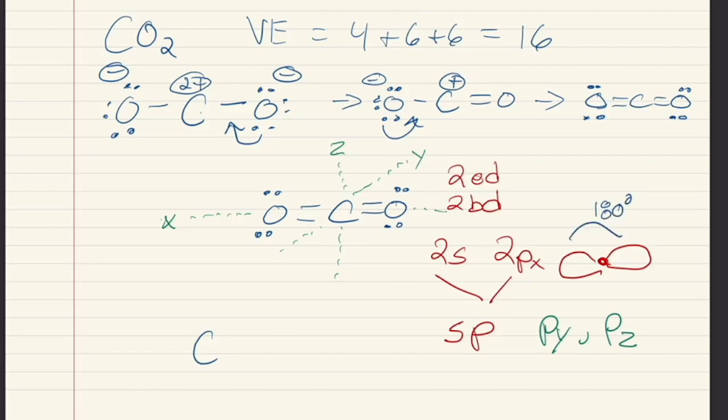But we have left ourselves with the px and pz, which are left over, and these are 90 degrees from one another, and we should be able to recognize that.